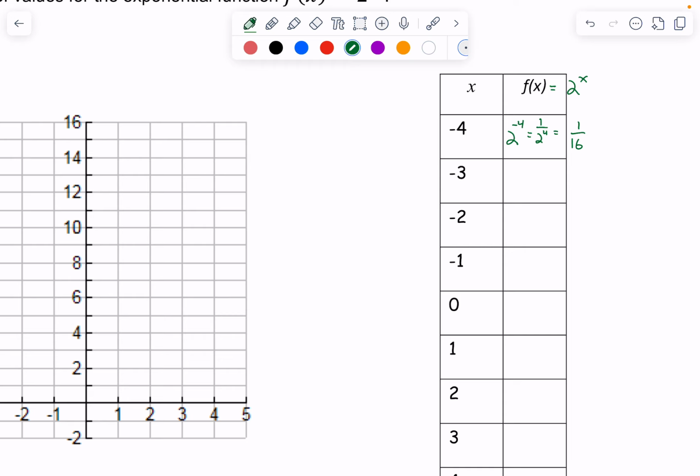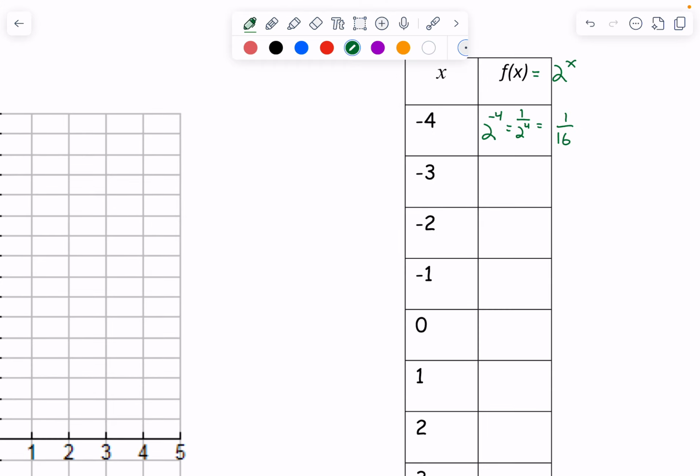If we do that each time, all of these negative numbers cause us to have a reciprocal. So 2 to the minus 3 is 1 over 2 to the 3, or 1/8. This one is 2 to the minus 2, or 1 over 2 to the 2, or 1/4.